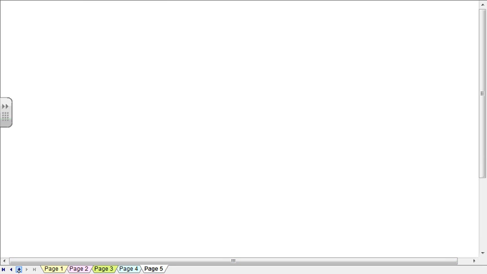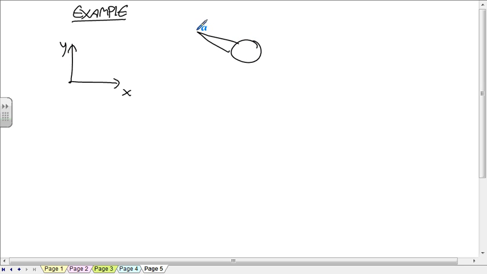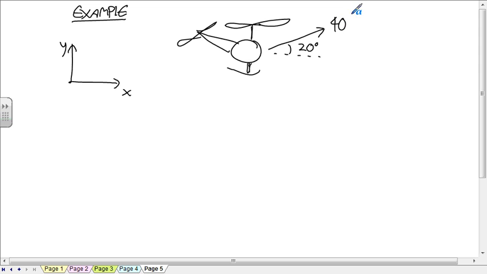All right, I have another problem for you. So let's say that in the standard coordinate system, a helicopter, I always do helicopters because they're easy to draw and fun too, is moving this direction with a speed, let's say that this angle is 20 degrees, and let's say that it's moving at 40 meters per second.